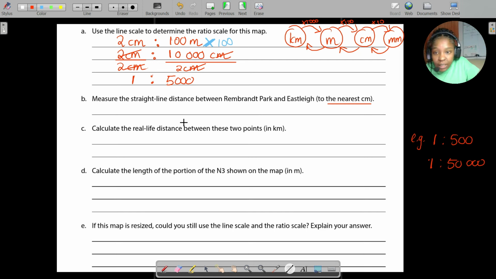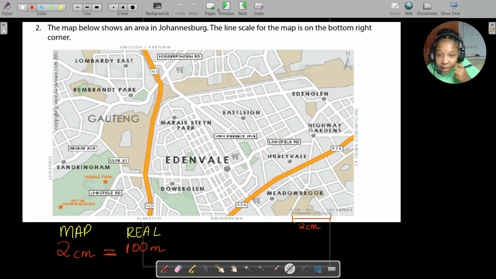So we want to measure the straight line, using our ruler. I'm going to measure with my virtual ruler so that you see what we're supposed to do. We want to measure the distance from Rembrandt Park to Eastleigh.